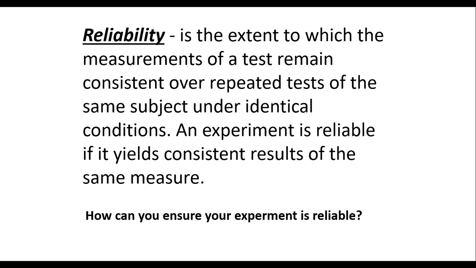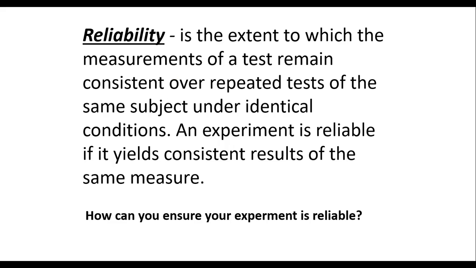So reliability. Reliability is the extent to which the measurements of a test remain consistent over repeated tests of the same subject under identical conditions. So an experiment is reliable if it yields consistent results of the same measure. So reliability is a very strange one.